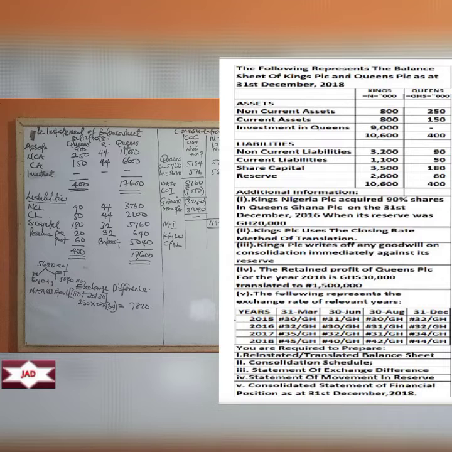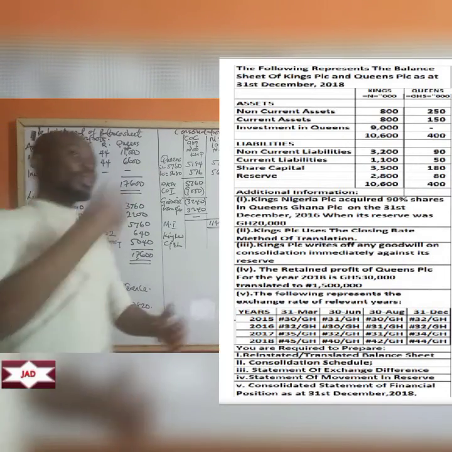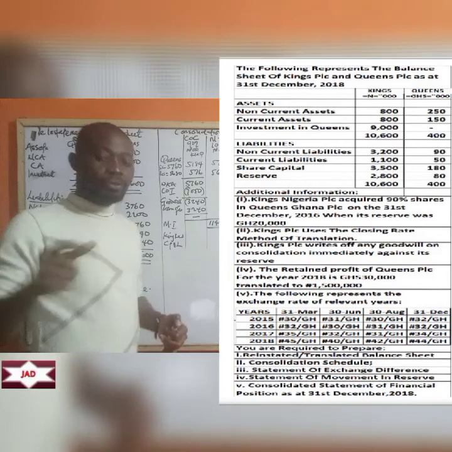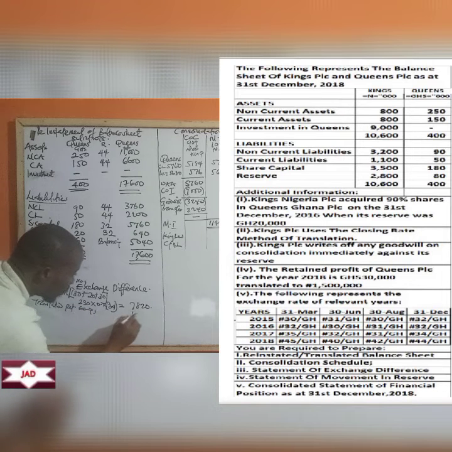Now the retained profit, which is 30, what is the translated amount in the P&L? If you translate the balance sheet, that translates the P&L. We are not doing the P&L yet, but that's how it works. The information given says the 30 Ghanaian cedis translated to be 1,500. So translated retained earnings is 1,500.